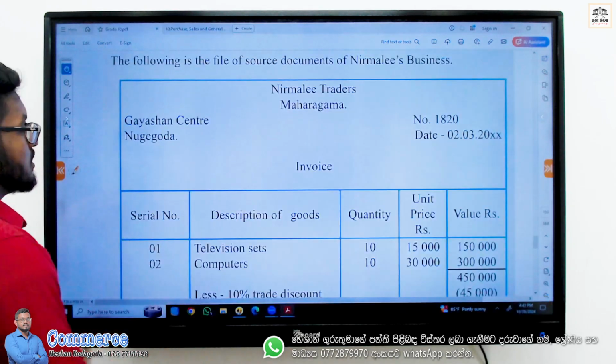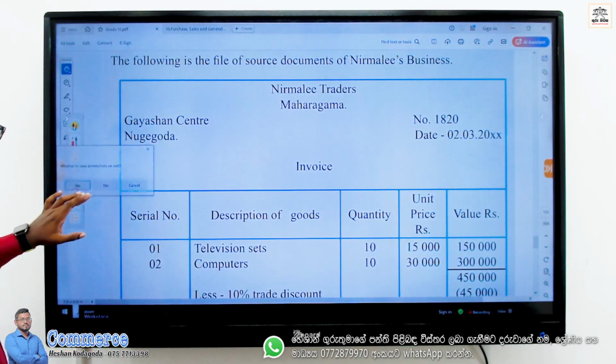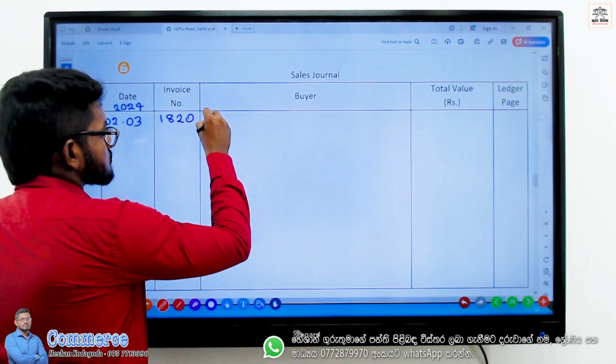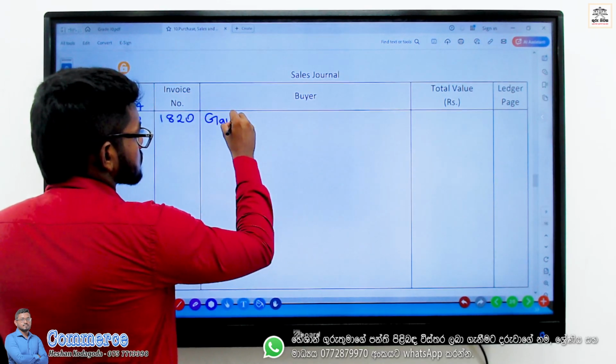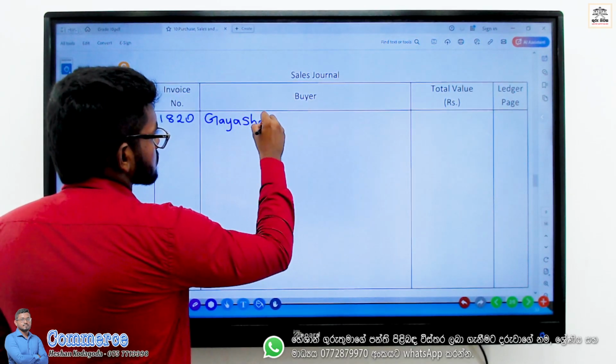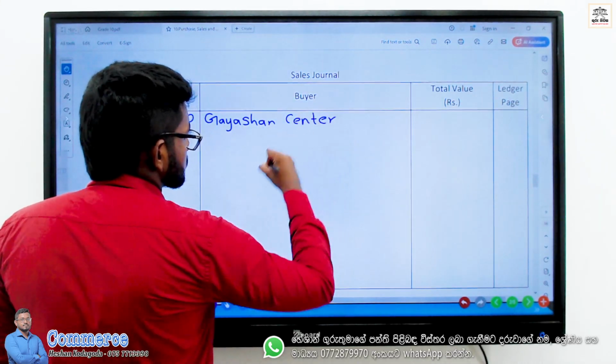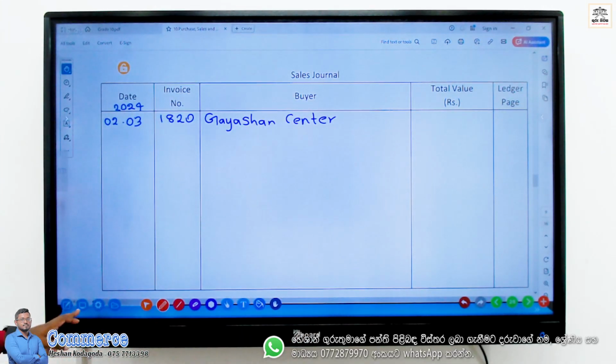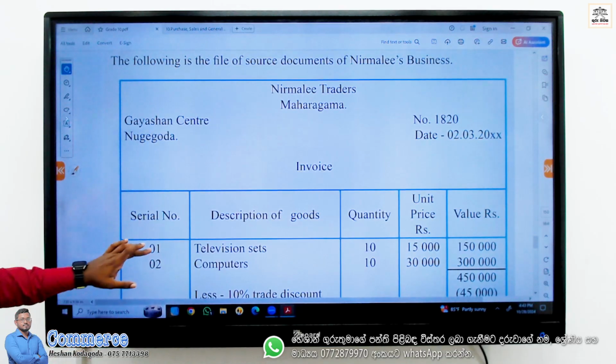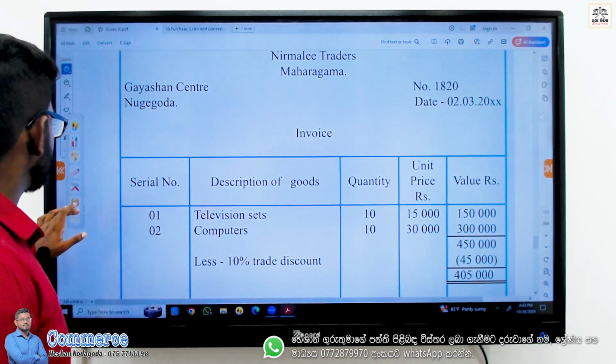To who? Heshan Center. Right? If you need, you can show the listed price is 450,000.